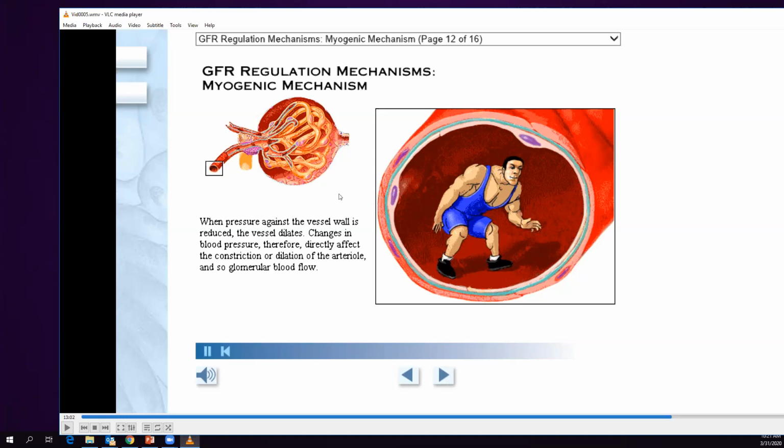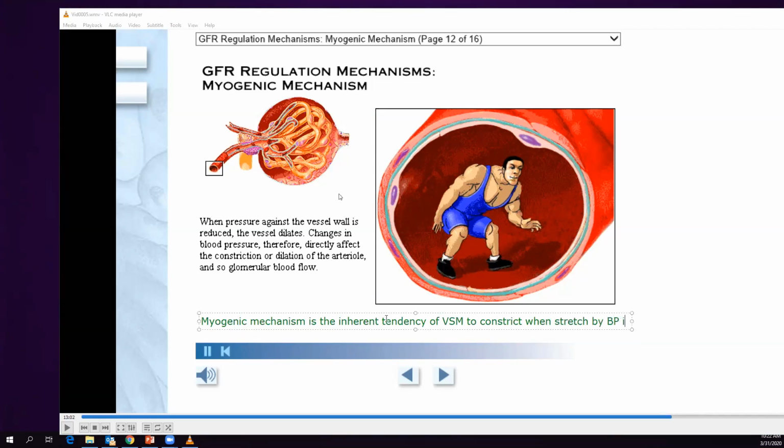Okay, so the myogenic mechanism is the inherent tendency of vascular smooth muscle to constrict when stretched by blood pressure inside the blood vessel.